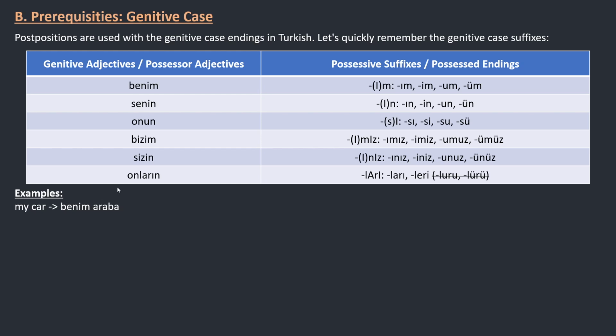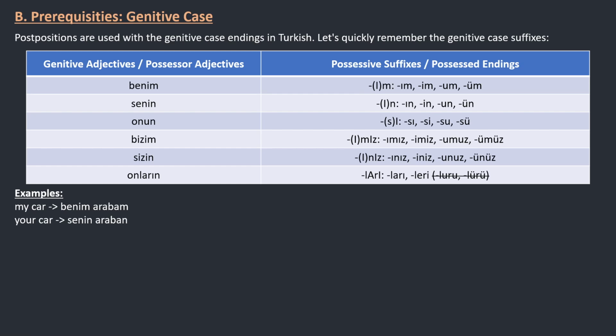Now I need to choose the correct ending. That all depends on the last letter. If it's a vowel, you don't need the extra vowel. It's just an M. But if I say your car, senin araba again. So senin goes to in, un. If there's a vowel, you don't need it.